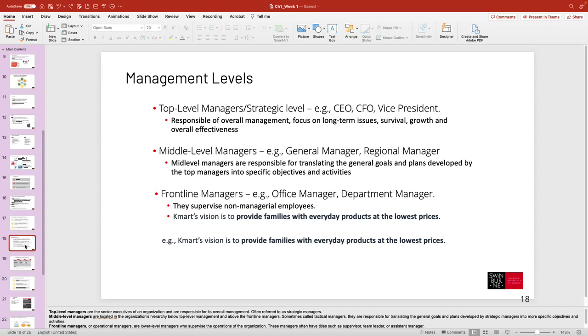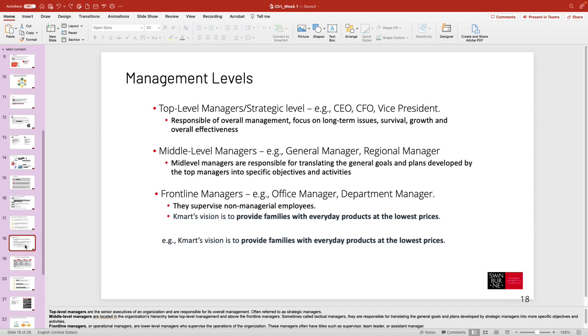These are the people who are responsible for the overall management of the organization. What is our strategic vision? What's happening in the education industry? So what does our strategic vision have to be as an organization? What's happening in the external environment? They're the people who set the direction for the organization, and think about growth and overall effectiveness.